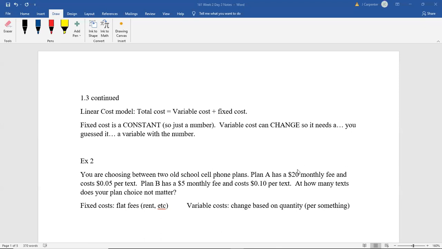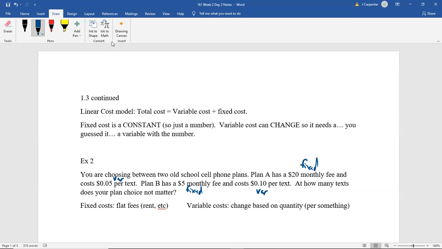So we can see that Plan A has a fixed cost of $20 and a variable cost of 5 cents per text, whereas Plan B has a $5 fixed cost and a 10-cent variable cost.